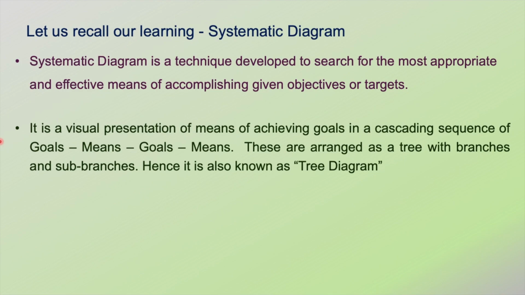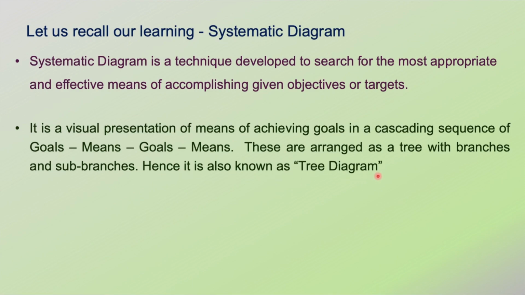The goals are divided into means that go to some section, where it again becomes a goal, is divided again, deployed again, and becomes a means. In other words, the goals are broken into various branches and arranged as a tree, like a tree with a lot of branches and sub branches. Hence, we also call systematic diagram a tree diagram.